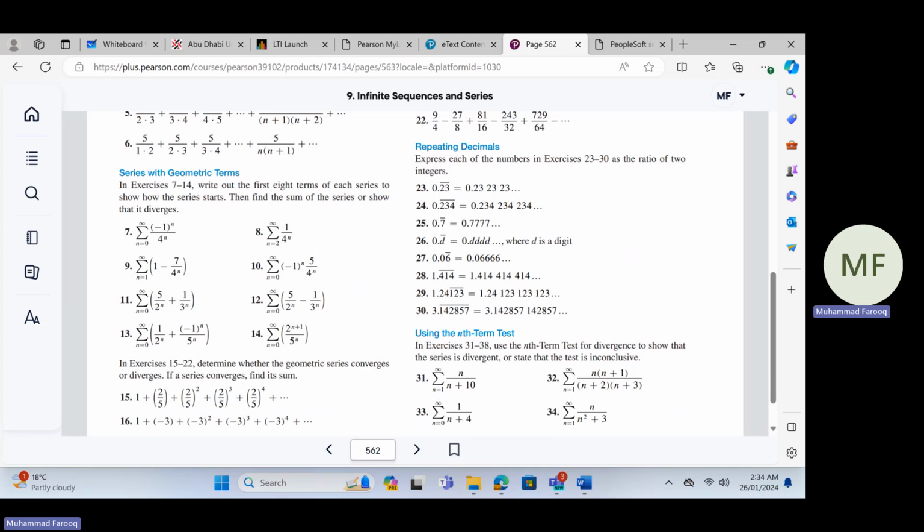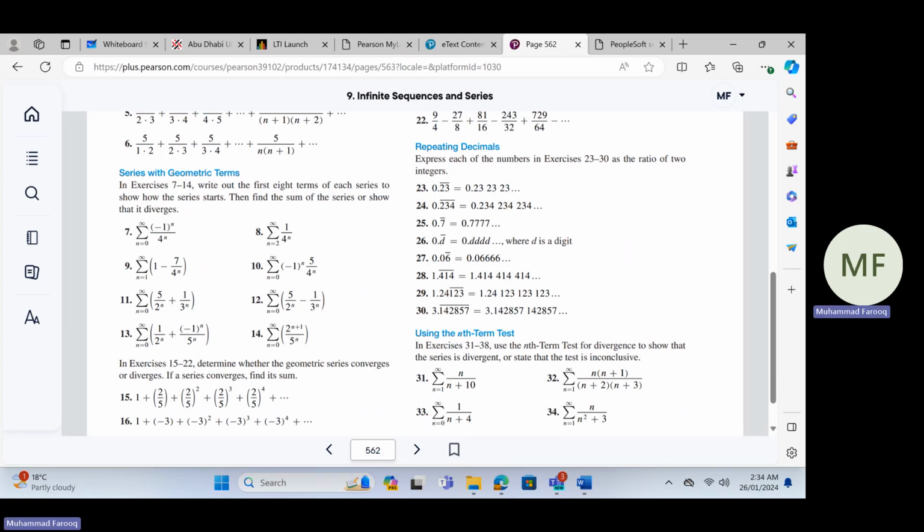You have to write the answer as a fraction. Since we started this course, we never wrote our answers in decimal. All the answers are in fraction or complete numbers.